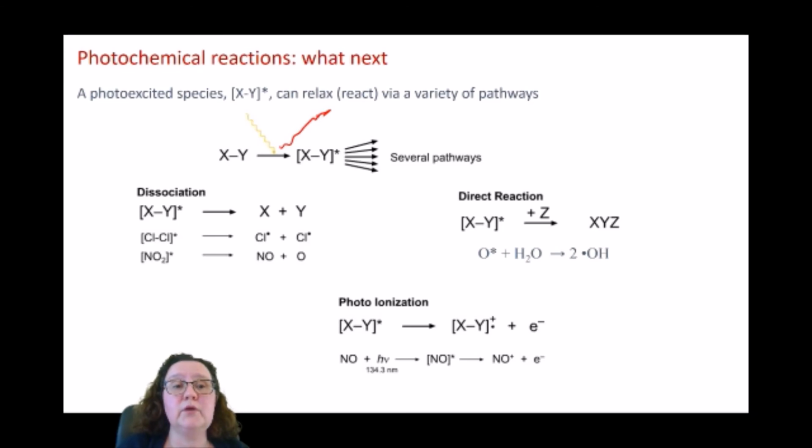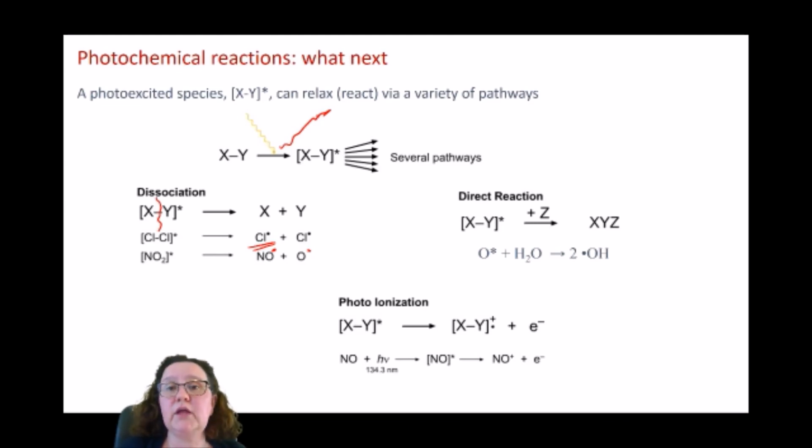For example, a molecule that has reached an excited state could dissociate, a homolytic breakage of the bond between the two atoms, and produce two radicals. So you have here, for example, the formation of two chlorine radicals, or the formation of the nitrogen monoxide radical and oxygen radical by splitting those two molecules.